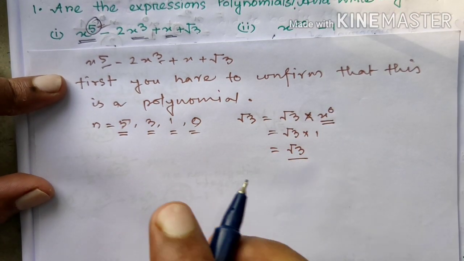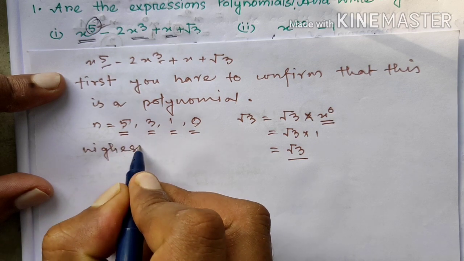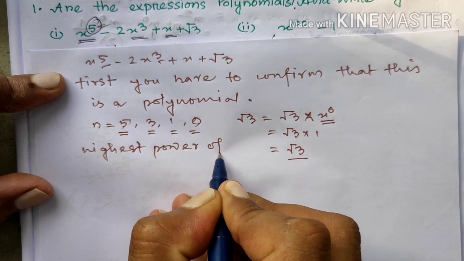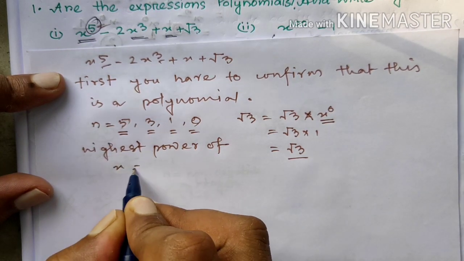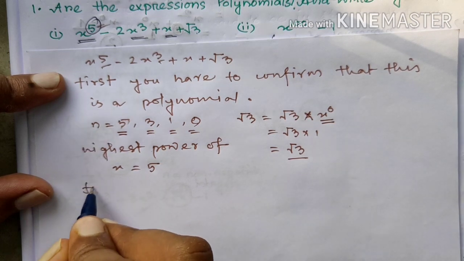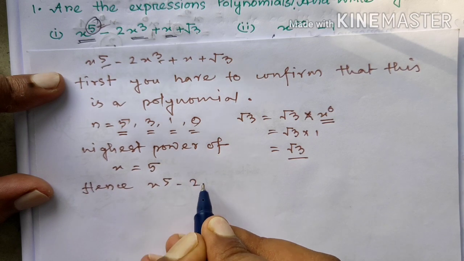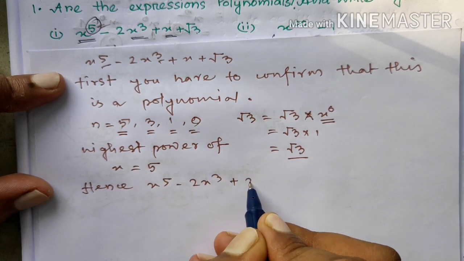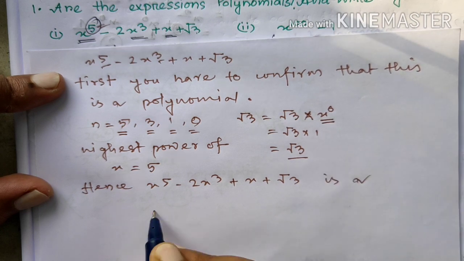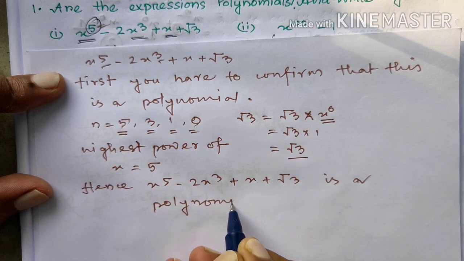And all the powers are non-negative integers. Then the highest power of x equals 5. Hence x to the power 5 - 2x cube + x + root 3 is a polynomial of degree 5.